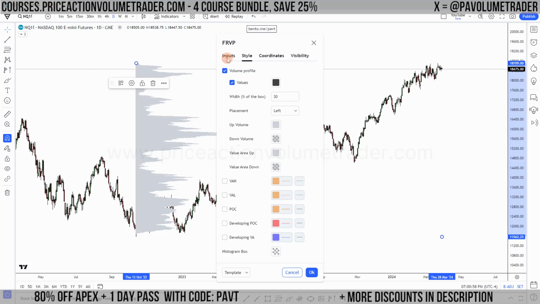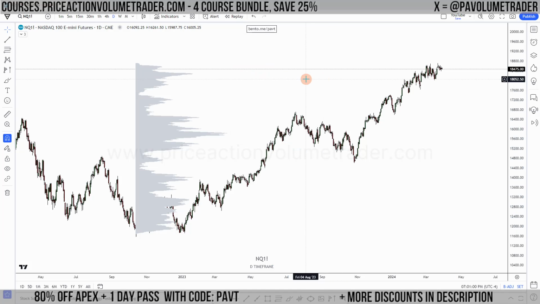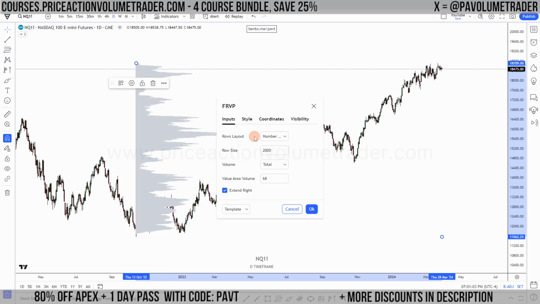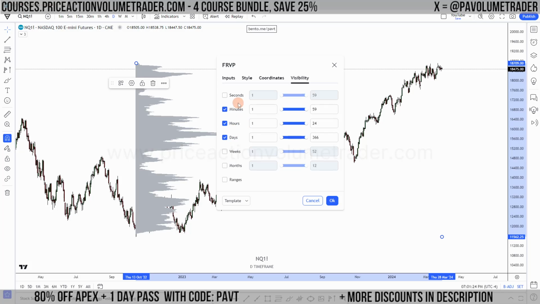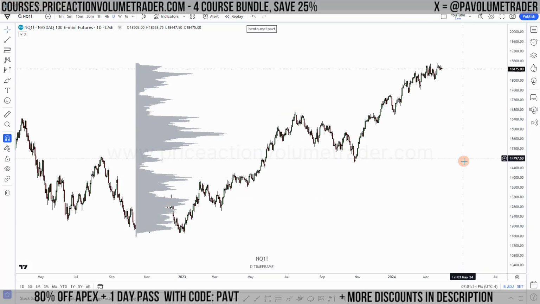If I go to the settings, as always, I have number of rows, row size 2000, total volume, value area 68, and I have it extend right, so it keeps going to the end of the chart. 30% width, the color, maybe I'm going to make it a little bit darker, right over there, and visibility daily down to the minute time frame, although usually I would probably just do daily and hourly because I'm not going to be able to load this many charts on the minute time frame anyway.